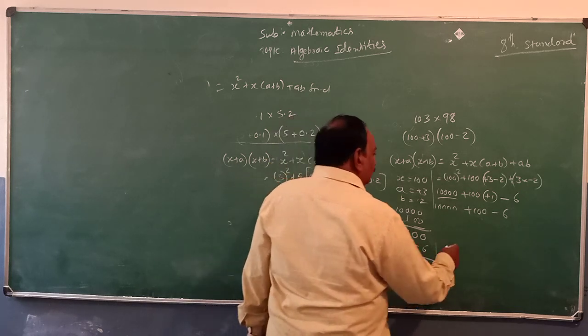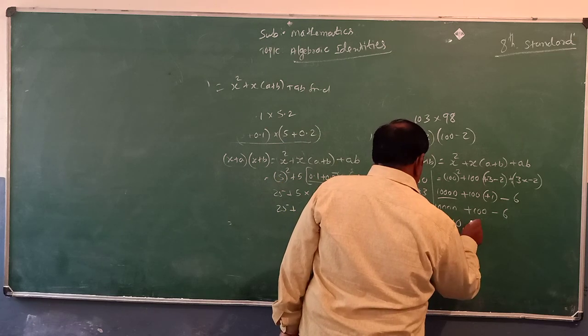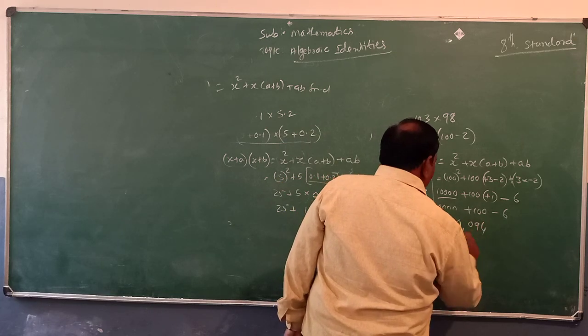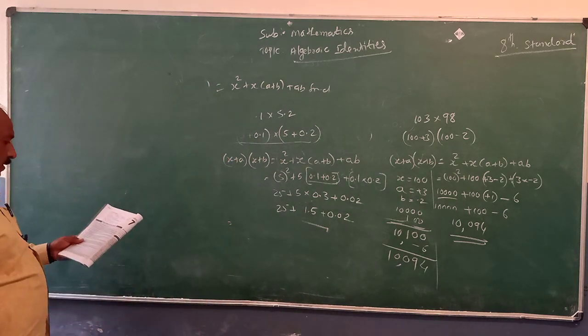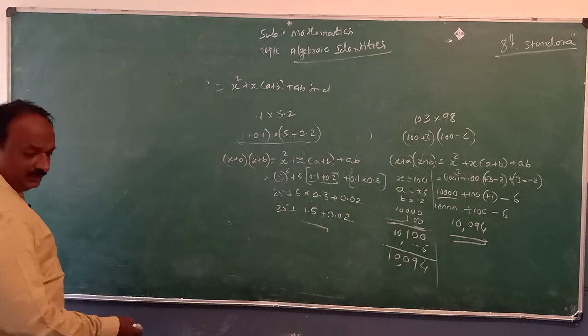So it is 10,094. Checking, 10,094 plus 6 is 10,100. Correct. The answer is 10,094.